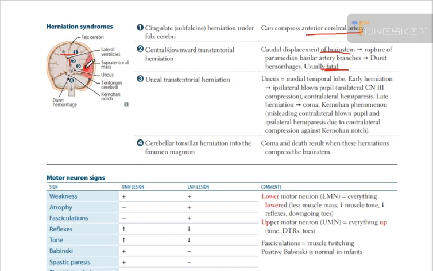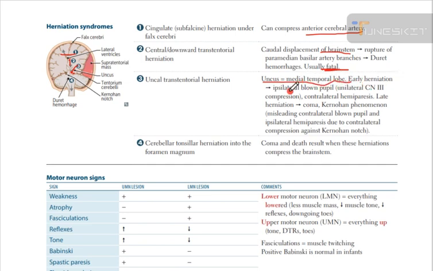You can see here the uncal process of the temporal lobe herniating in this direction. The uncus is the medial temporal lobe.